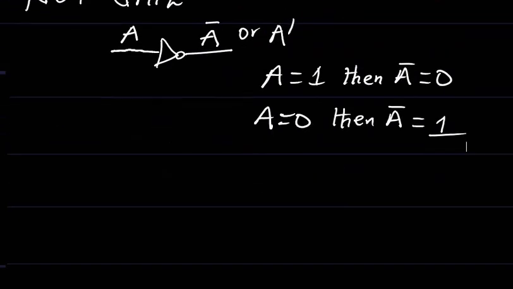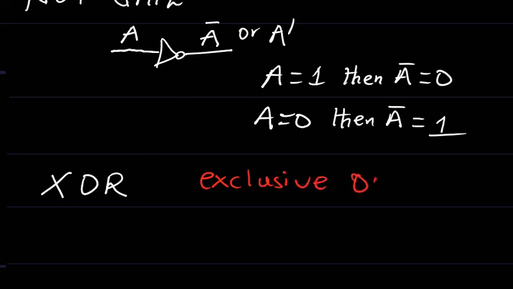The next gate we are going to look at is known as the XOR gate. This is an exclusive OR. That's what it means. It's an OR gate, but it's an exclusive OR gate. Look at the symbol. The symbol is almost the same as the OR gate, but there's just some slight difference.